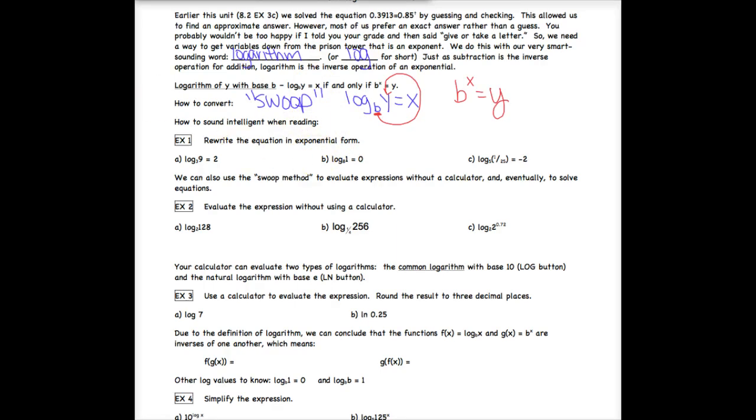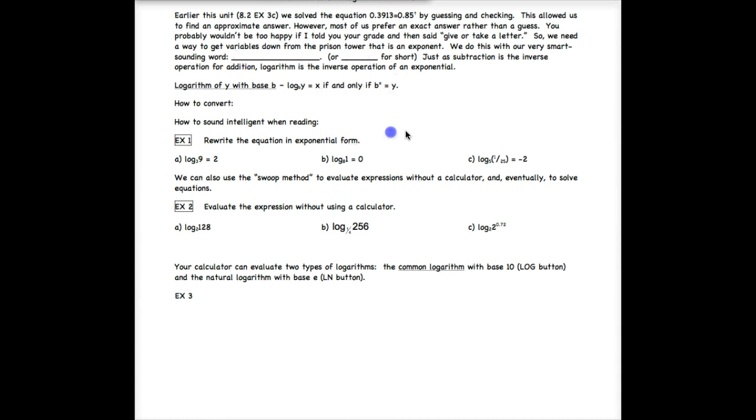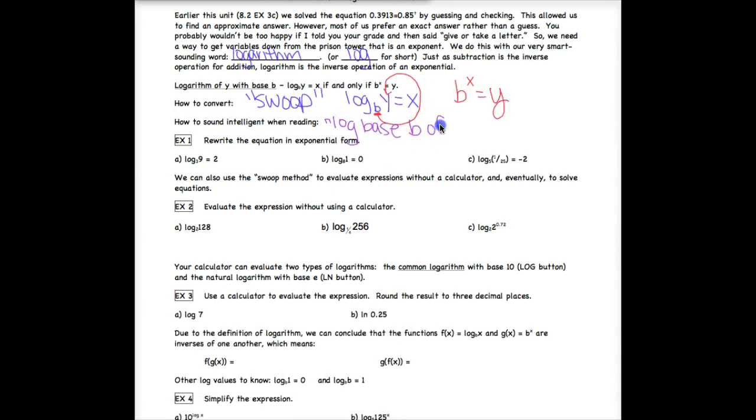So for short, we are going to call that log base b of y. So the base is always little here. It's like a subscript. So log base b of y.